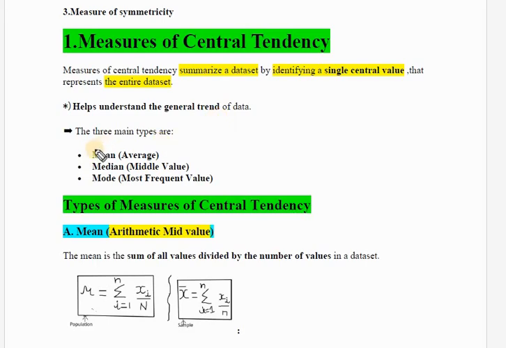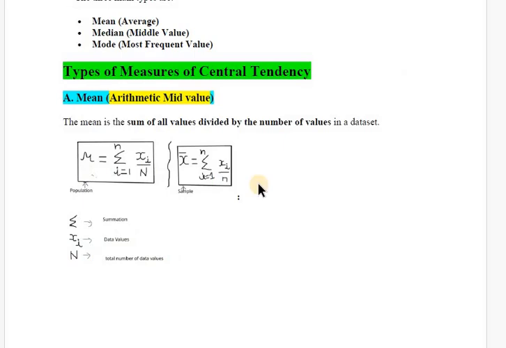In this we have three different types: mean, median and mode. So, going on to what is the mean? A mean is the sum of all values divided by the number of values in a data set. This is the formula to calculate the mean.